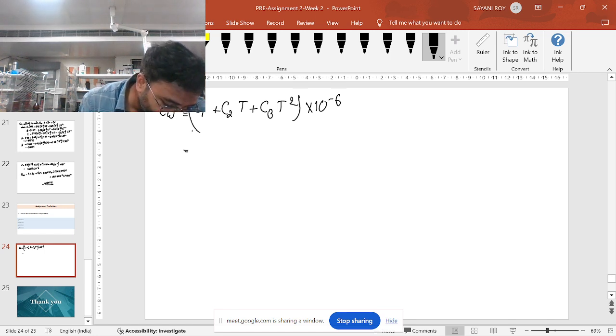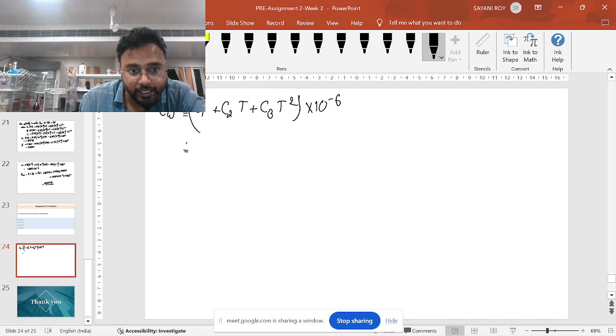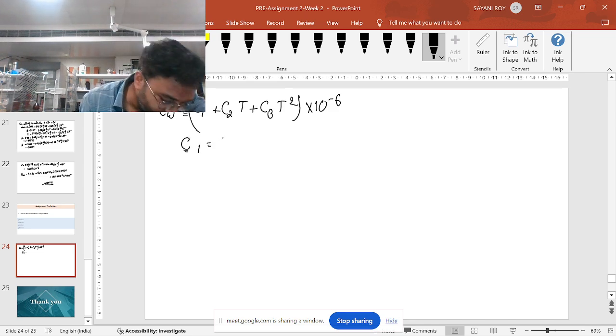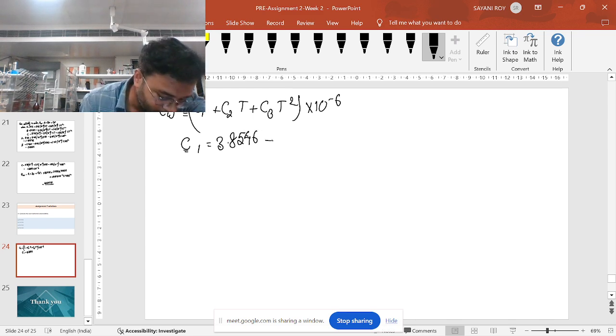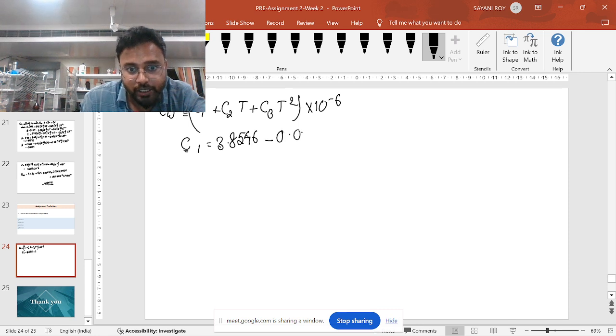For finding C1, the formula is 3.8546 minus 0.0000134 p.